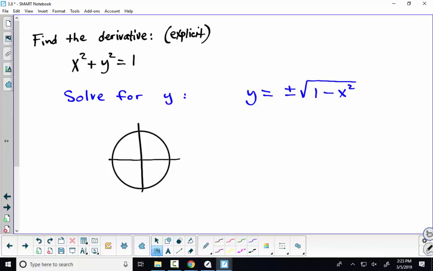Like if I said, for instance, what's the derivative at this point? Then my derivative should measure that slope. Or if I said, what's the derivative at this point? My derivative should measure that slope.